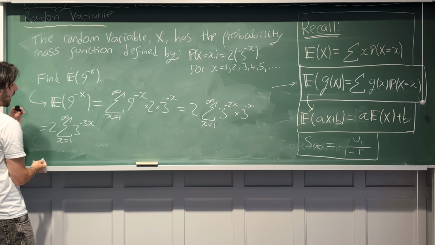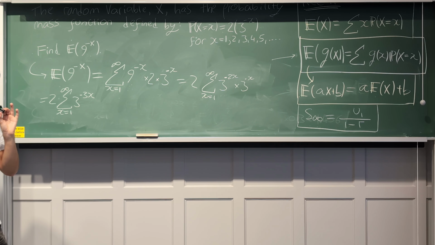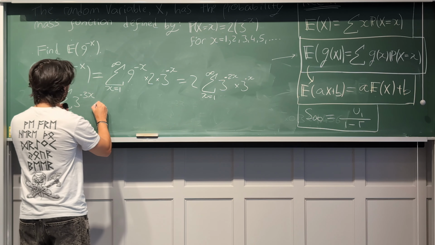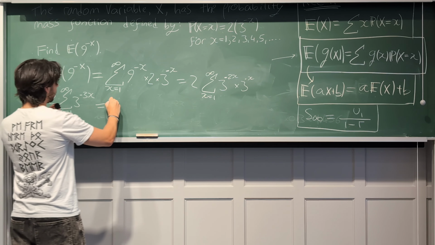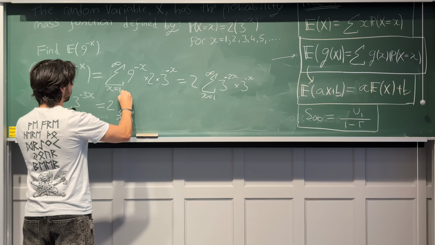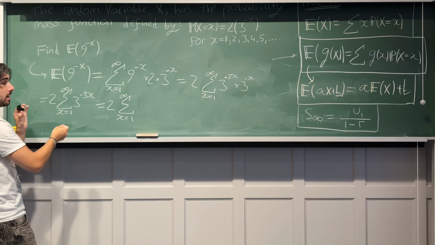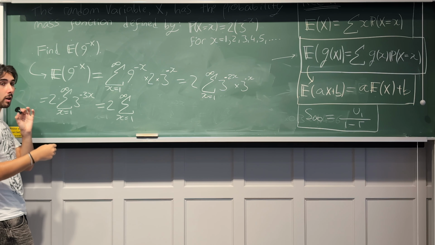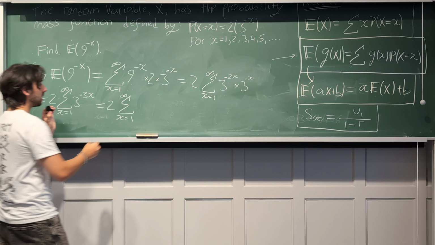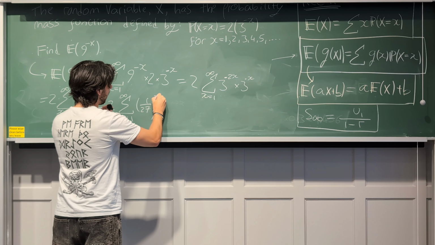And guys, it's going to actually transpire that this is, again, a geometric series. And just to really show it to you here, we can rewrite this one more time as 2 times the sum from x equals 1 to infinity, and then 3 to the minus 3 is the number 1 over 27. So this is basically 1 over 27 to the power of x.